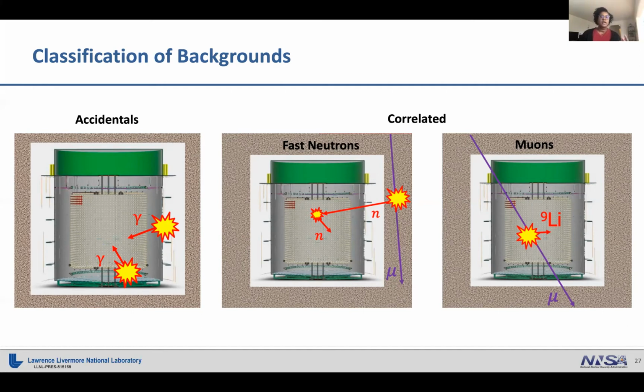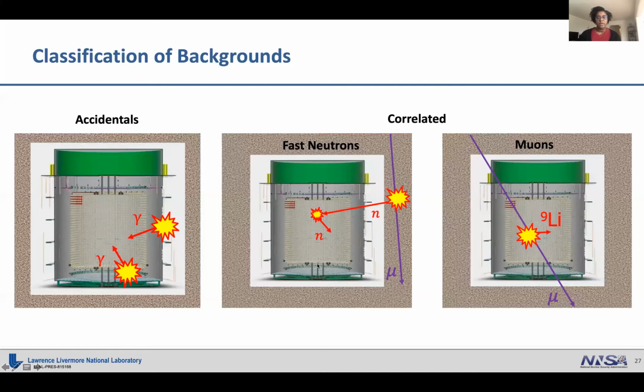We know that stainless steel has some amounts of, like, cobalt 60, cesium 137, potassium 40, et cetera, right? We know that these radiological decays exist in nature, and so they're going to exist within our detectors. And so if we were to see two gamma rays that occurred in close time and close space coincidence, it might look like an inverse beta decay. And so we have to understand that background to understand when we're actually going to see our signal.